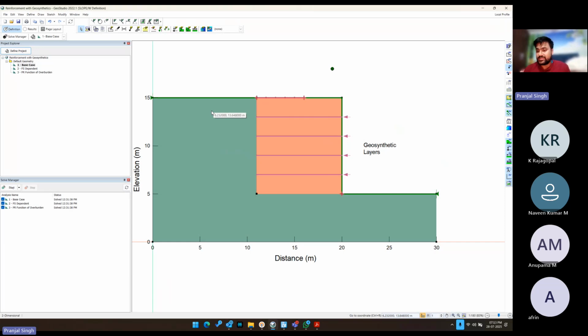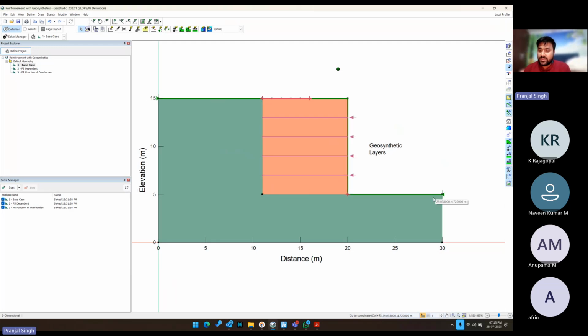So we know, I assume that you have some background of soil mechanics, that an unreinforced soil would not be able to stand at this inclination of 90 degrees, because there will be some failure occurring and the factor of safety would be less than 1.